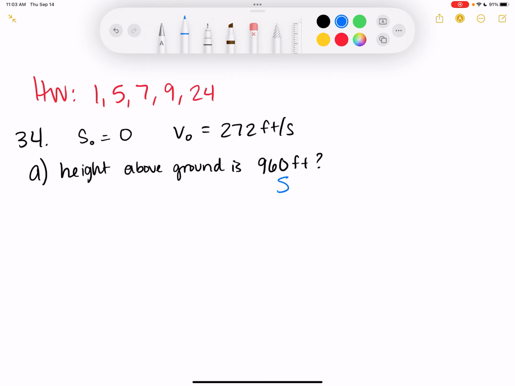Since we know S sub 0 is 0, I'm not even going to write that when I write down my equation. So S is equal to negative 16t squared plus V sub 0t. Plugging stuff in, I've got 960 is equal to negative 16t squared plus 272t.